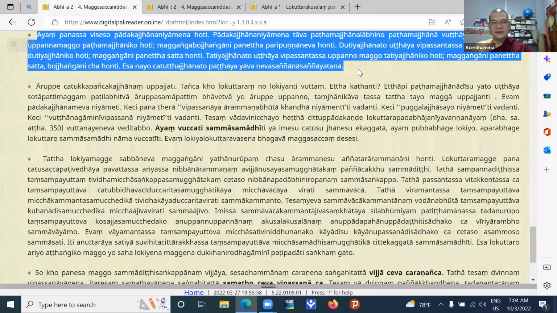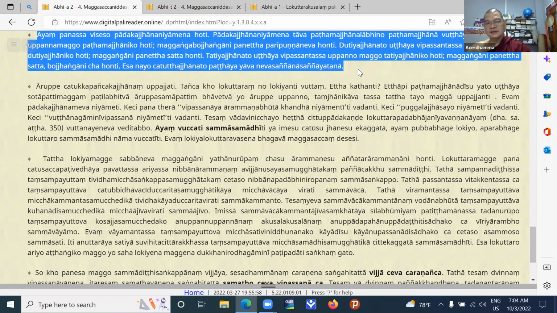If you contemplate the third jhana as a base, then when you attain the magga, you will attain the magga with the third jhana. If you contemplate the fourth jhana as a base, then when you attain the magga, you will attain the magga with the fourth jhana. This is the paraga jhana niyama.